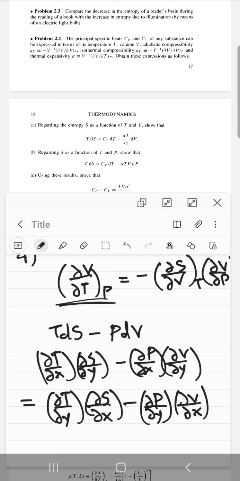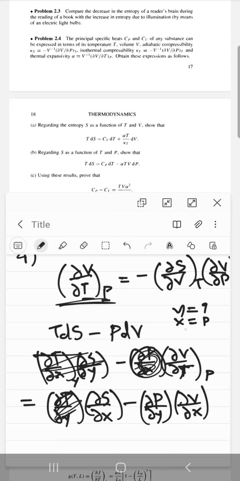We need to get an equation with temperature and pressure involved somehow. So let's say that Y is temperature, and X is the pressure. So this quantity will just be 1, and this whole thing will just be partial V by partial temperature at constant pressure. This term is gone because partial T by partial P is 0. What about this term?